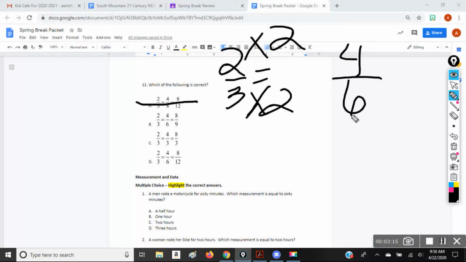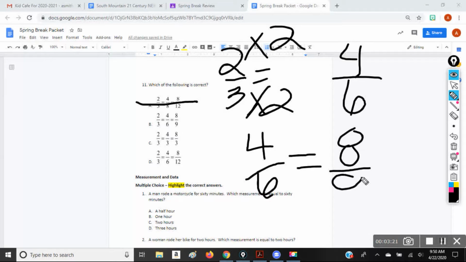So far we're correct. For 4/6 to become 8/9, that is not possible because 6 cannot be multiplied nor divided by another number to equal 9. Here we have 2/3 is equal to 4/3, which is equal to 8/3, so we know that one's automatically incorrect.